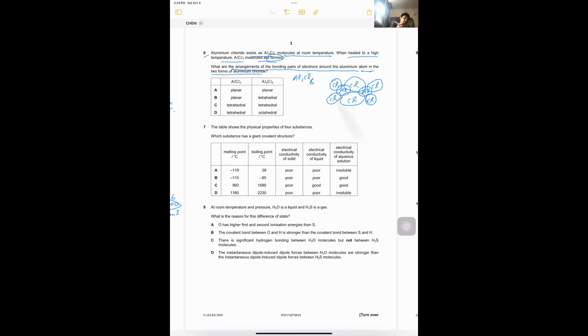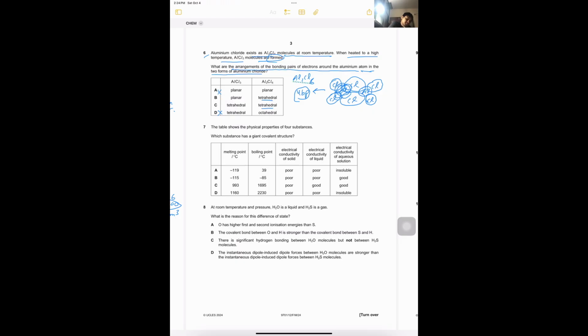That's another Cl. So around each aluminium we can see there are 1, 2, 3, 4 bond pairs and no lone pairs. We know that structure is called tetrahedral. So the answer has to be between these, as it has to be tetrahedral.